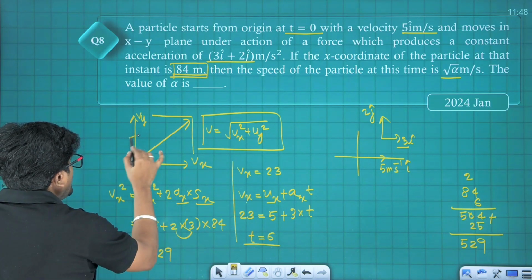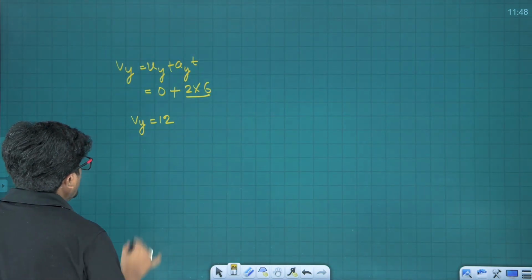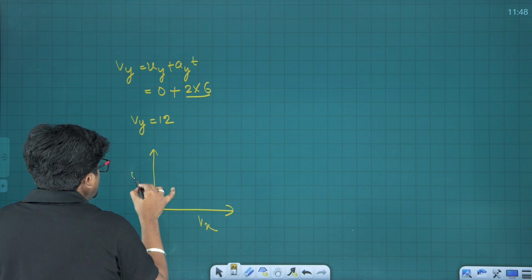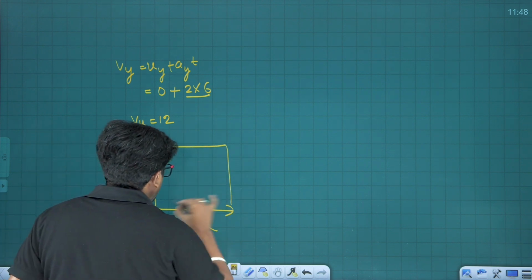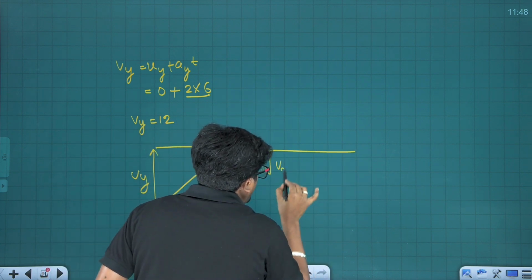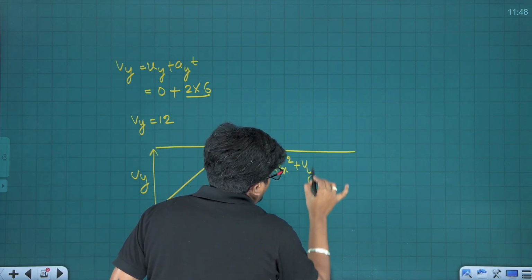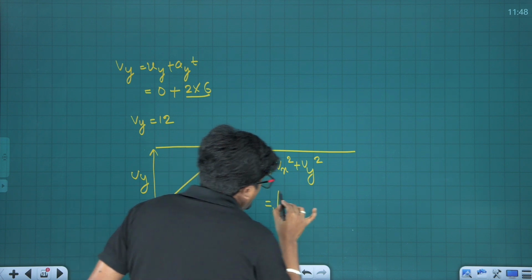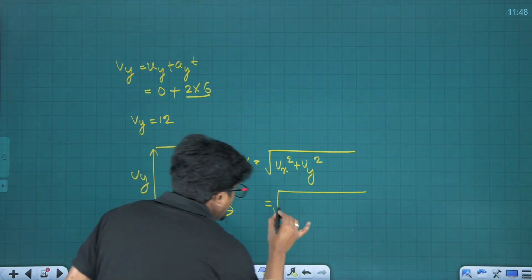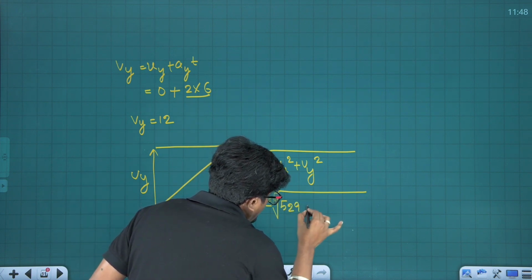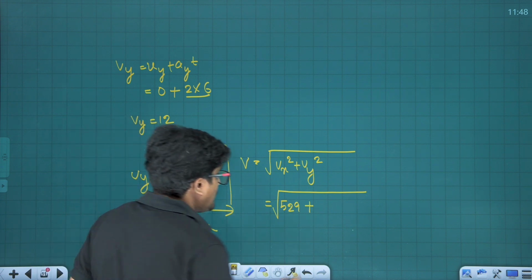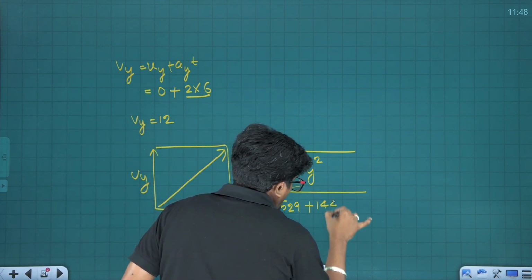That means we know Vy as well as Vx. So here the final speed, okay, this is Vx and here this is Vy, and we need the resultant. So the resultant is going to be root of Vx square plus Vy square. That is root of, what is Vx square? Vx square is 529, plus here 12 square, that is 144.